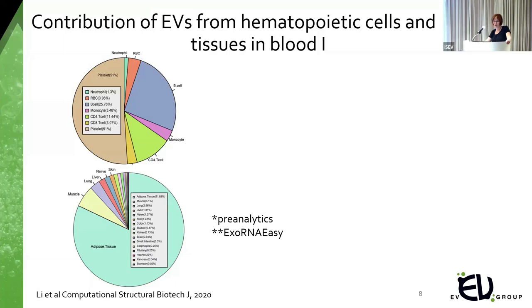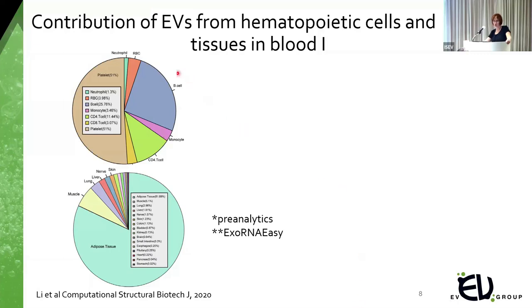So in this paper, the researchers isolated the EVs and then the RNA content, and then they used very fancy bioinformatic technologies and analysis to deconvolute the data, and therefore to detect the source origin of the cells that were contributing to the EV populations.